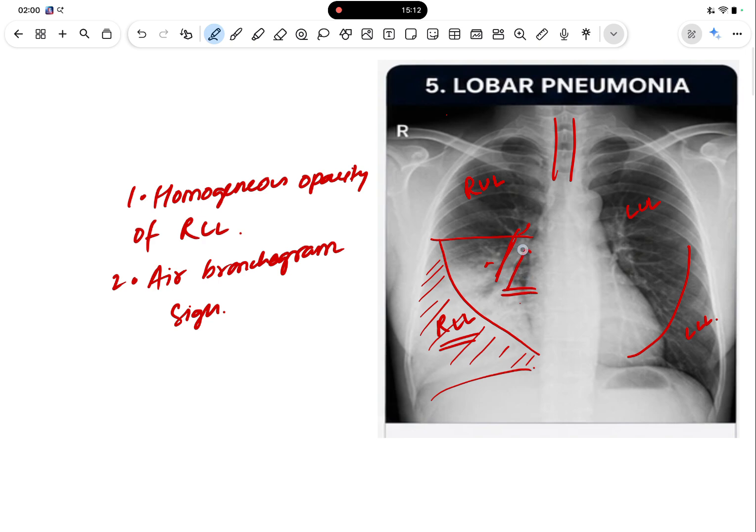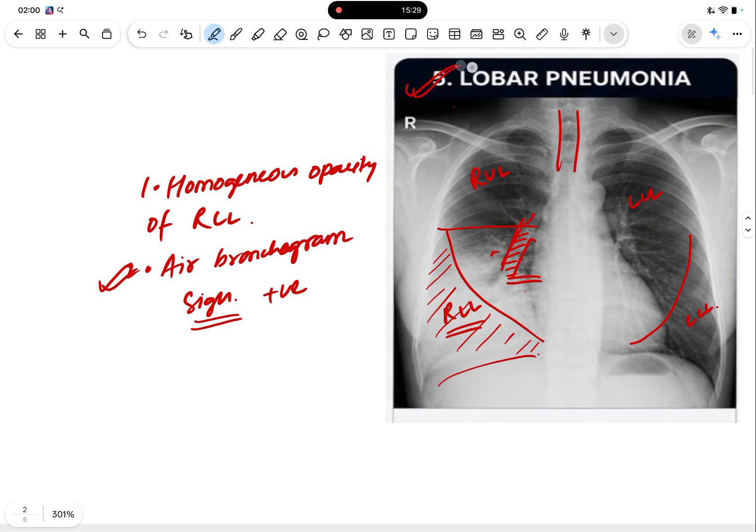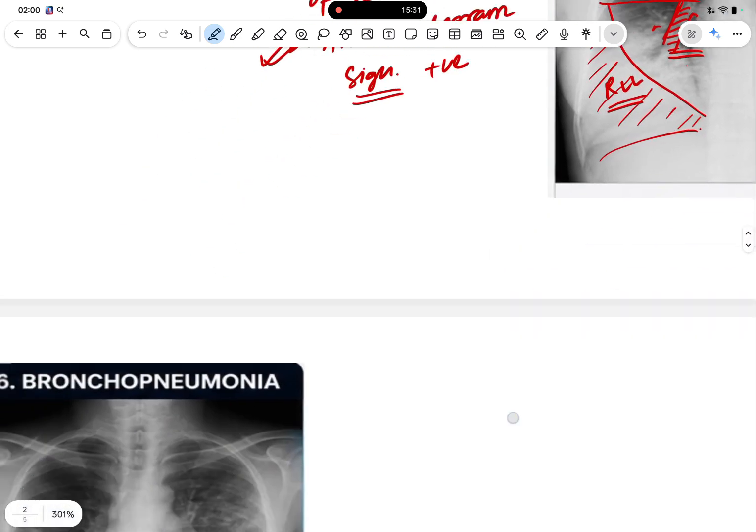So this prominent bronchi, which is visible in the chest X-ray, we call the air bronchogram sign. So it is positive, as well as there is homogeneous opacity in one of the lobes of the lung. So it is an example of lobar pneumonia, chest X-ray of lobar pneumonia.